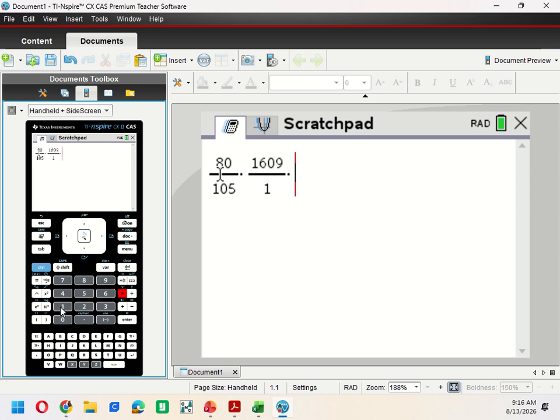Times 1 over 60. So as you're doing this, you should have all those in there. Now, there's a setting on your calculator. I'll show you this here in a moment so you can actually see. So hit enter. What do you get?